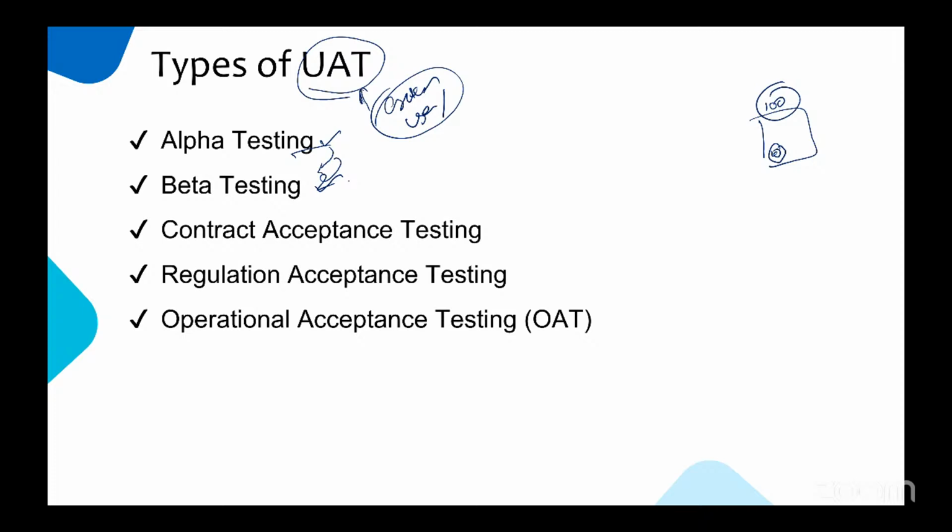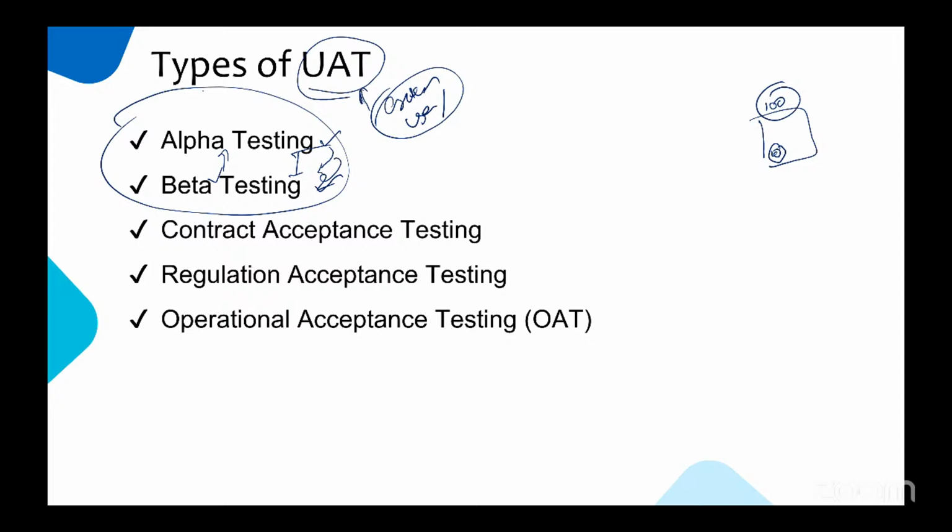Some of the features, first they will not put into the India region. First, they may put it into a European region or Canada, places with a very small population. Once that is successful and the feature is working properly, then they will push it to the broader audience or users. So this is another example of alpha versus beta testing. This is an important interview question.